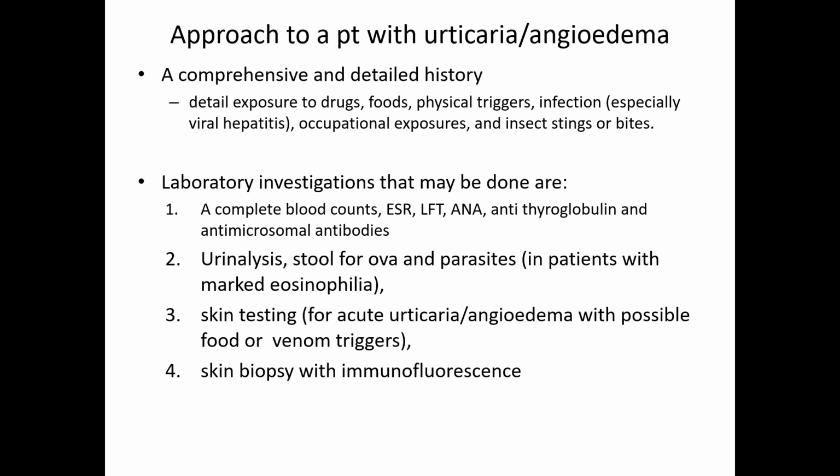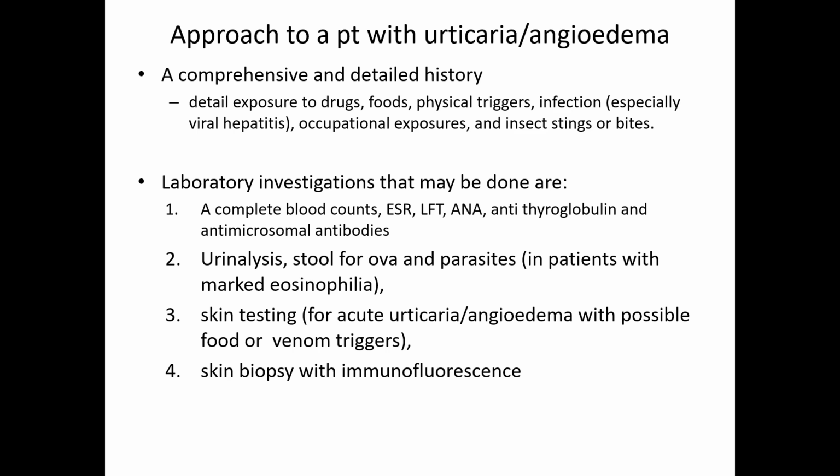How to approach this type of patient: a comprehensive, detailed history must be taken, covering drugs, food, physical triggers, infection, etc. Laboratory investigations include complete blood count, ESR, LFT, antithyroglobulin and antimicrosomal antibodies, urine analysis, and stool for ova and cyst.